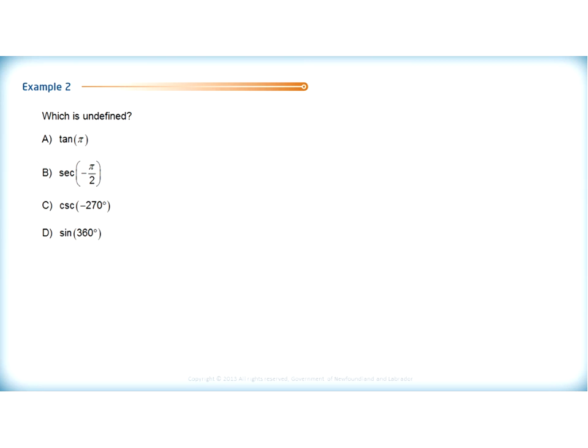Here's another example. Which of these is undefined? Again, you may want to just pause your recording. Try this one first. You see here we're dealing with quadrantal angles again. So which of these would be undefined? Let's see. Let's label the points again.